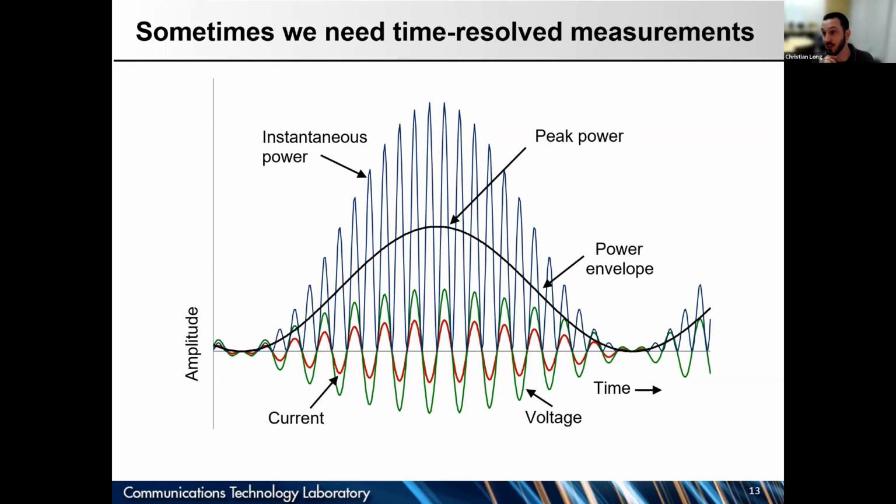Another important factor there is linearity. If the power sensor doesn't measure the peak power quite as accurately as a low-level power, and it tries to average those together, it's not going to get a very accurate result. So the linearity of a power sensor, in addition to its sensitivity and time resolution, is another important factor.